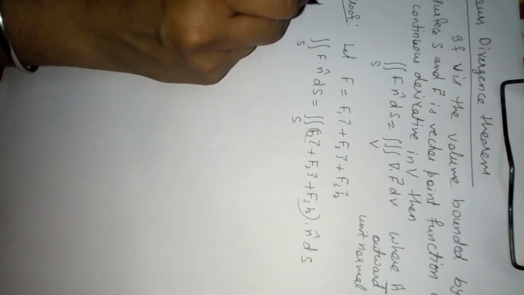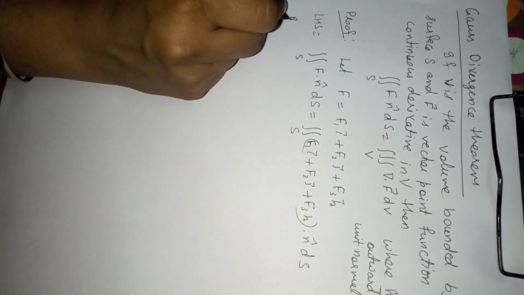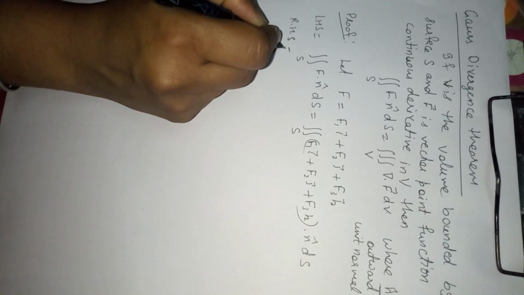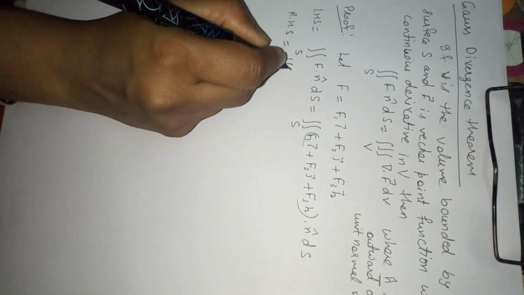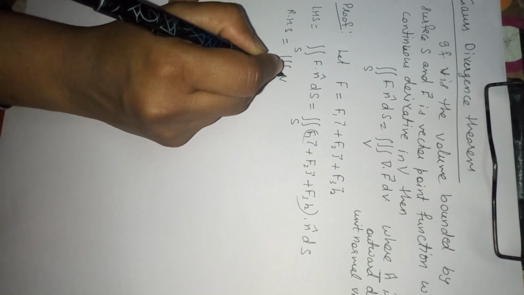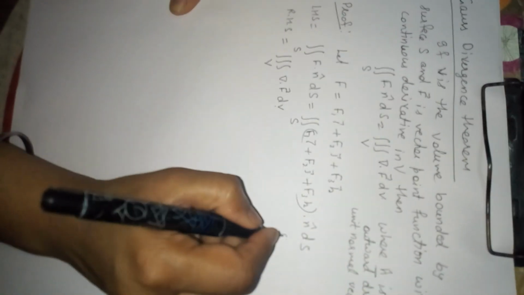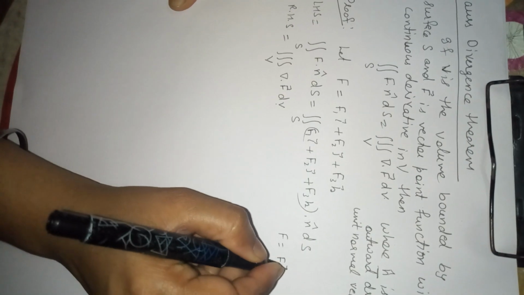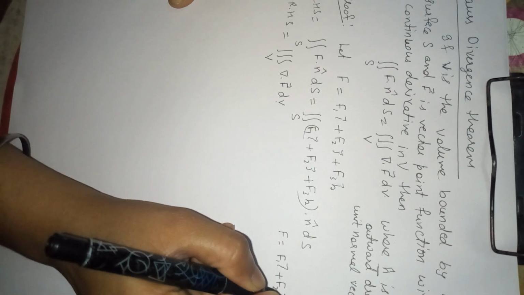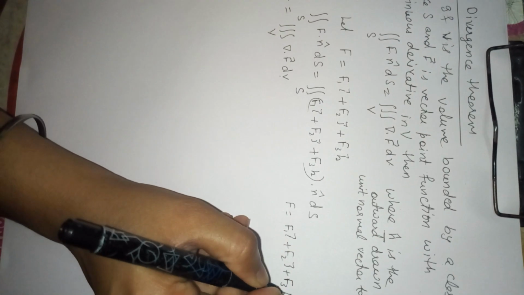We have to prove the left hand side is equal to the right hand side, and our right hand side is the triple integral over V of del dot F dV, where dV is the volume element and F is F1 i plus F2 j plus F3 k.